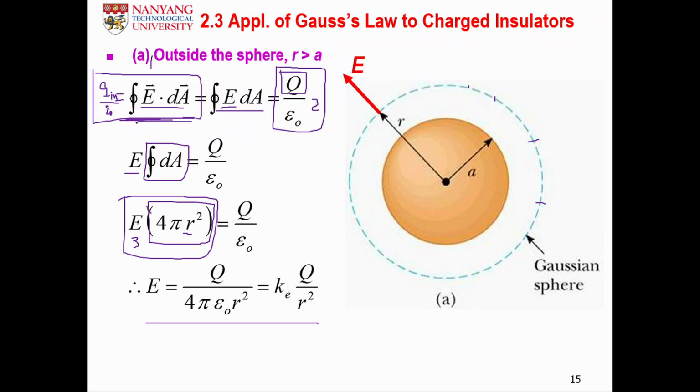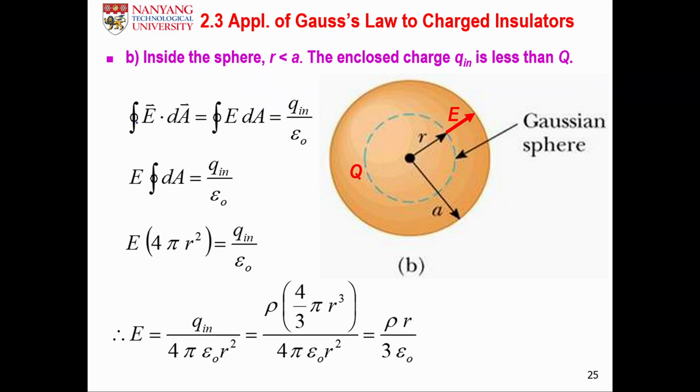And the same, if we are talking about a point inside the charged sphere, then the first step, you will need to have a Gaussian sphere inside this charged sphere. Right? Let's say now this is going to be a Gaussian sphere. Once you have this Gaussian sphere, you write down this equation.